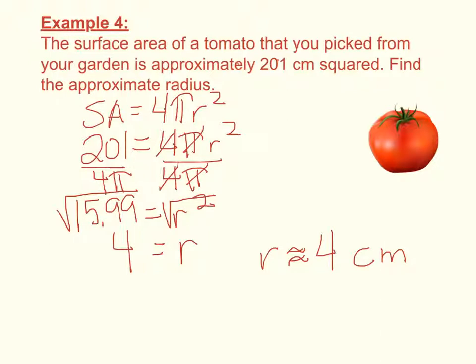If you said that it's because a tomato is not a perfect sphere, you're right. A tomato can have lumps, and it can be bigger on one side than the other, or longer or shorter. Tomatoes are very seldom going to be a perfect sphere. They're not really going to come in the shape of a ball. They're going to have little lumps and stuff. So that's why they're saying approximate the radius. It's approximately 201 centimeters squared.